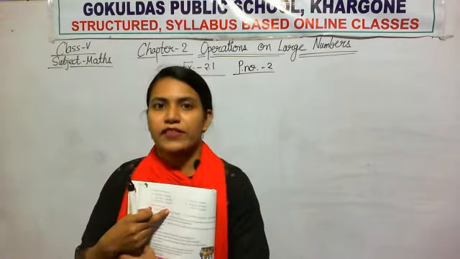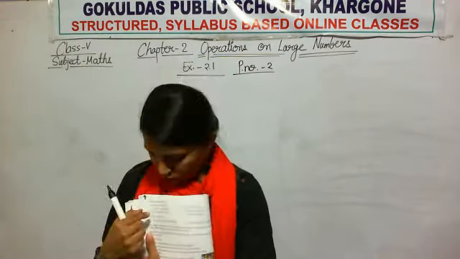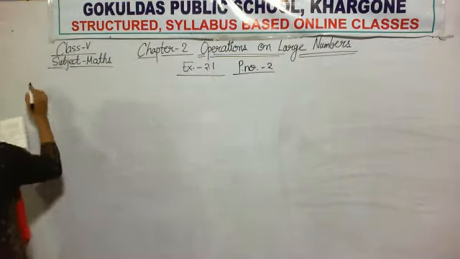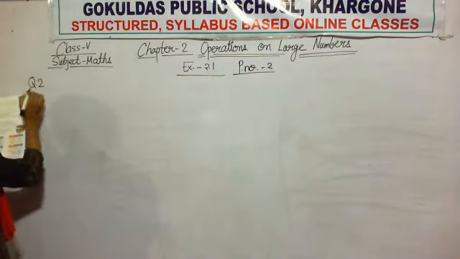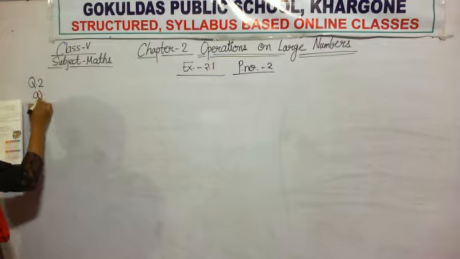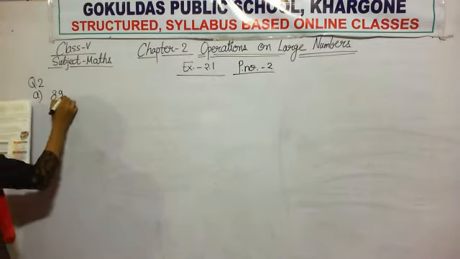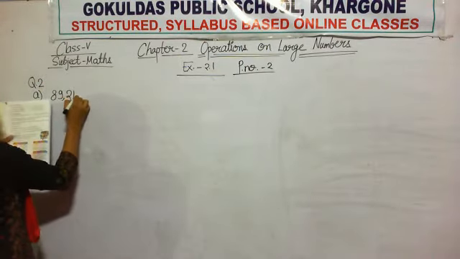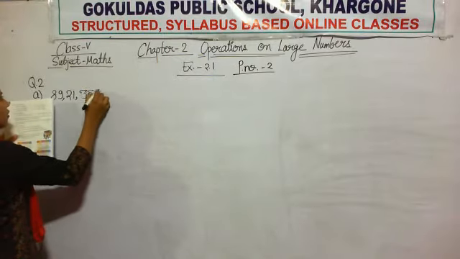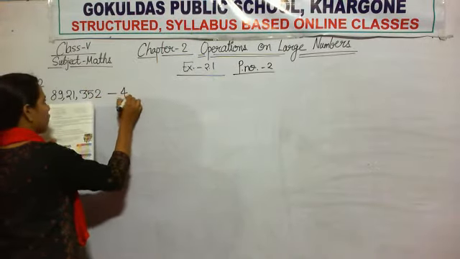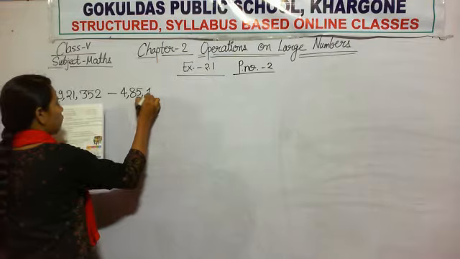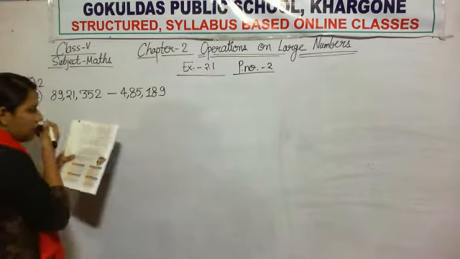Question number 2 is subtract the following. Now here you can see that the minus sign is there. You have to perform subtraction here. Question number 2, subtract the following. Part A, the given number is 89,21,352 minus 4,85,189.